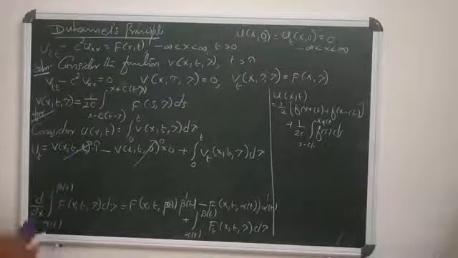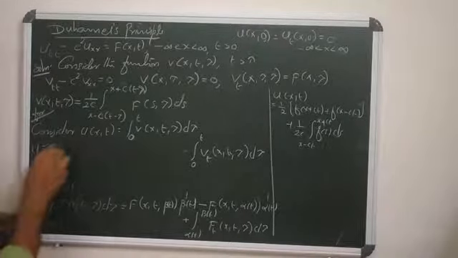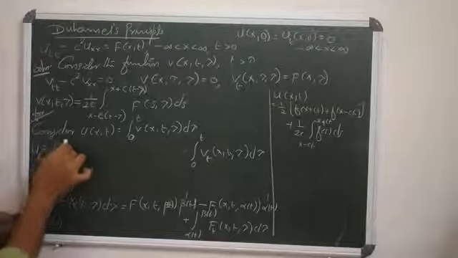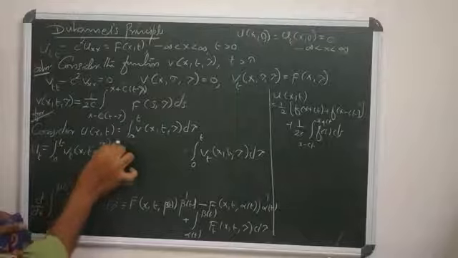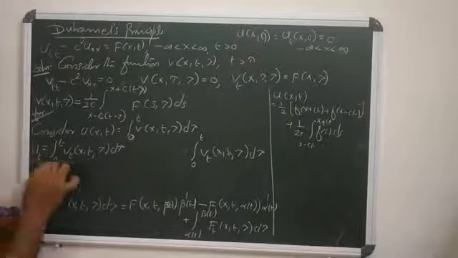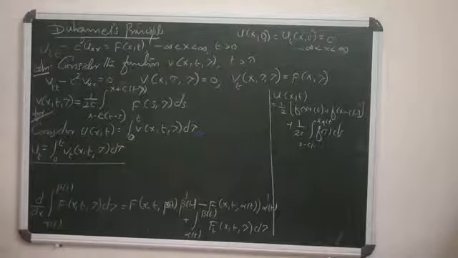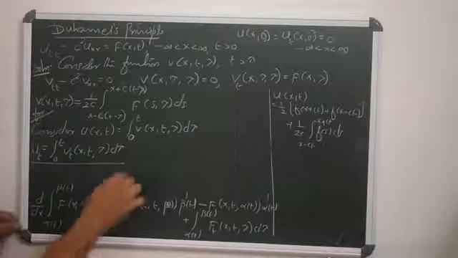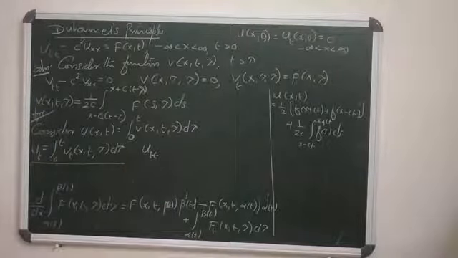Okay, so that means what is ut? Ut equals integral along 0 to t, it is vt x t lambda d lambda. Okay, this is ut. Now, under the same argument, what is utt? Again you can differentiate it with respect to t again.